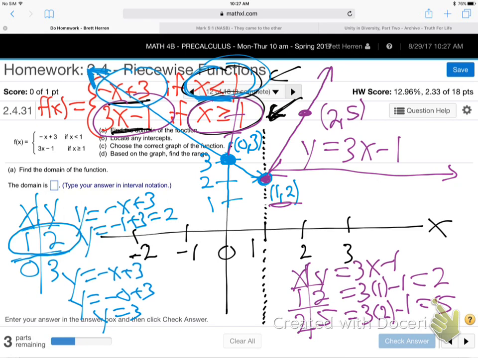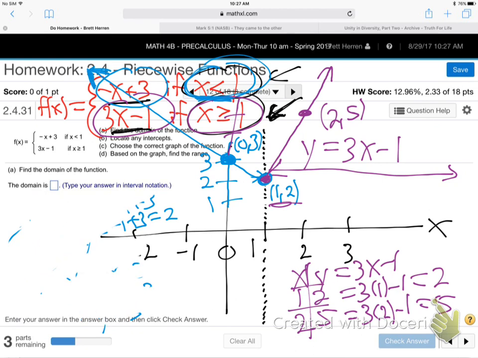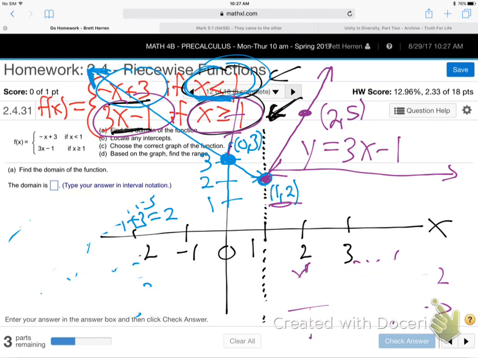Now, let's answer their questions. Let me get rid of all this so I have room. They're going to say, what's the domain? Find the domain. Remember, for equations we have domain where the denominator can't be 0, can't have a negative inside of a square root. But for pictures, how do you find the domain?